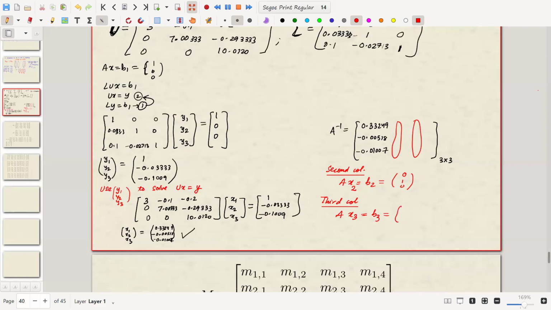B3 is again another unit vector. Solve for this and you get the third column of the matrix. Hopefully, maybe after lunch we can try this.